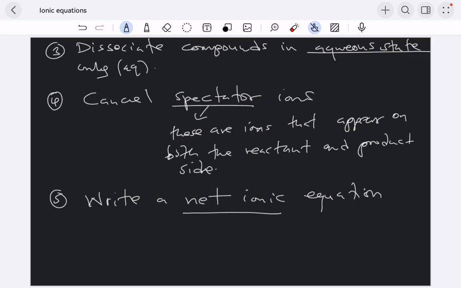So what is a net ionic equation? This is an equation that shows the ions present in the solution or in the given equation.